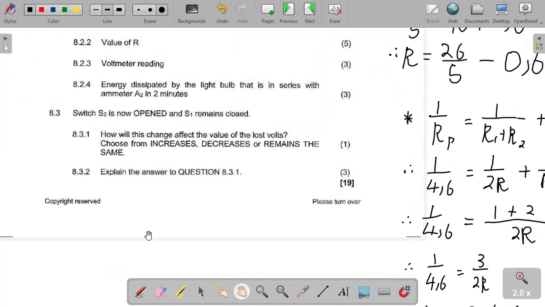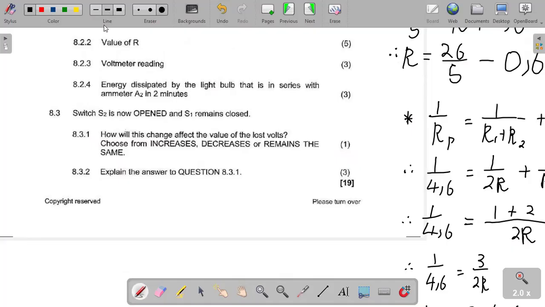And then 8.2.4, they say energy dissipated by the light bulb that is in series with ammeter A2 in 2 minutes. So the minutes here should be changed into seconds.